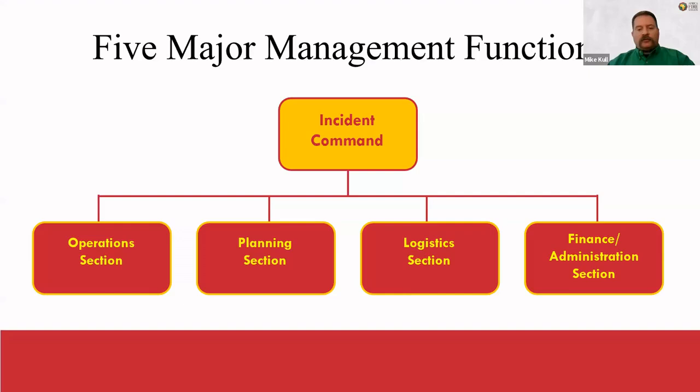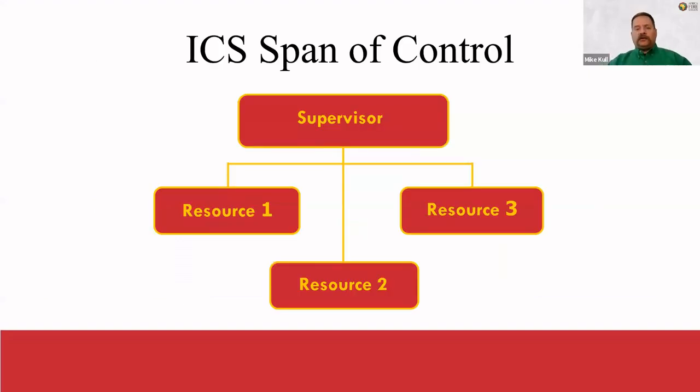Span of control is an important topic here. So under this incident command system, the span of control is 3 to 7 people. So we shouldn't have any more than 7 people reporting to an individual. As we build out this incident command system, we're starting with a building fire, and all you've got is the engine responding, and on that engine you've got 6 people.